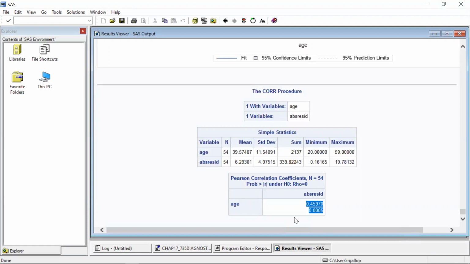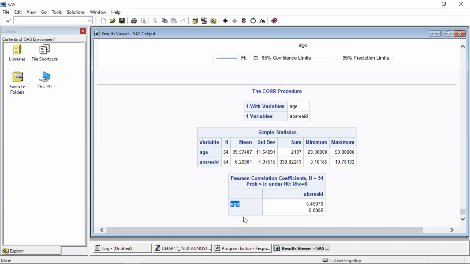That's funneling in, right? So this simple derivation, the absolute value of the residual as a function of the predictor in a simple linear regression or the y-hat in a multiple linear regression, is a simple test to assess violation of homoscedasticity. This is going to be a test that we're going to use down the road.